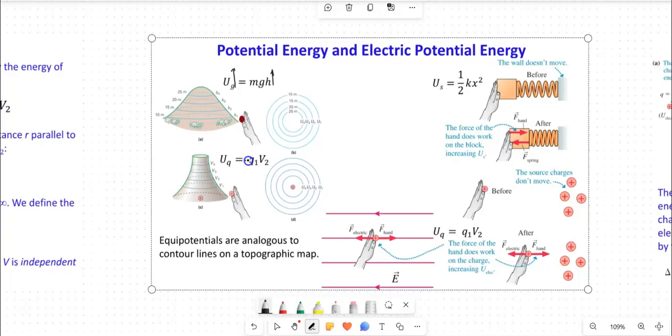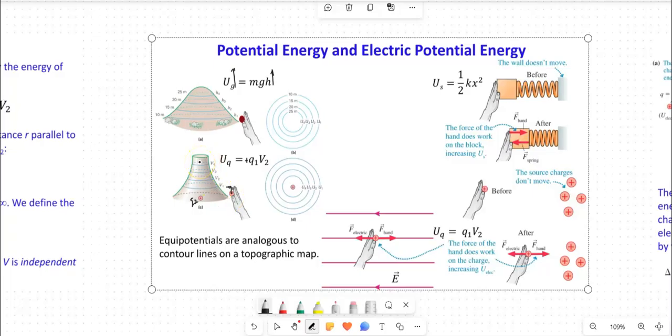Well, if you have a positive charge right here, this is our little Q1, and we're trying to move it closer to this Q2 right here, which is causing a voltage at these different points, it would feel just like you're moving this positive charge uphill.